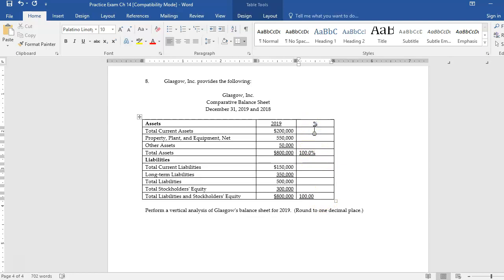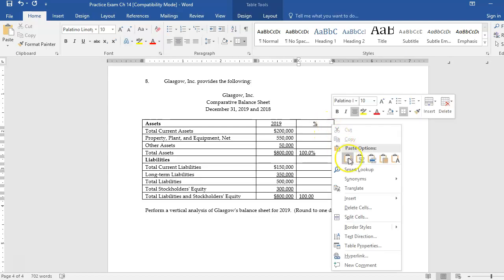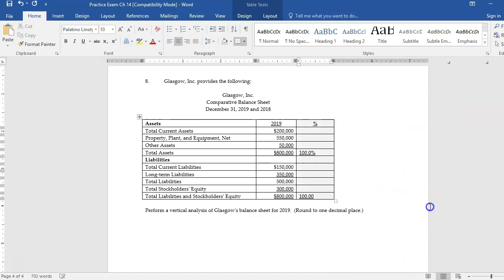All right, so then you just divide each element by the total. So I'm going to insert a column, and then I can put the calculation in here.